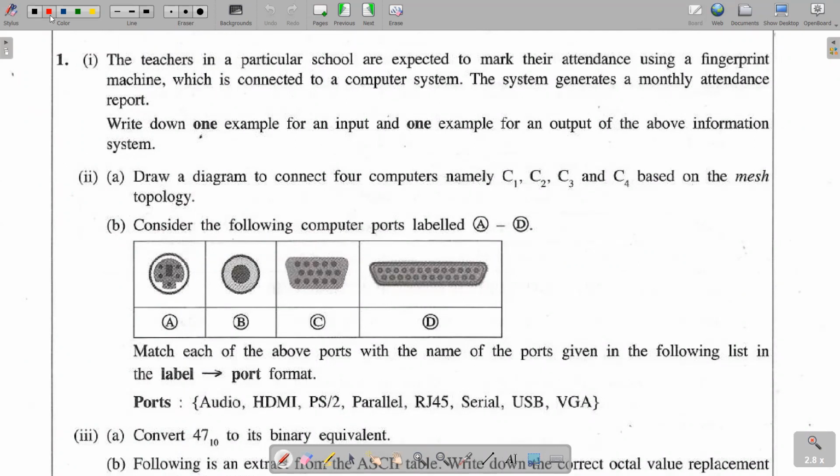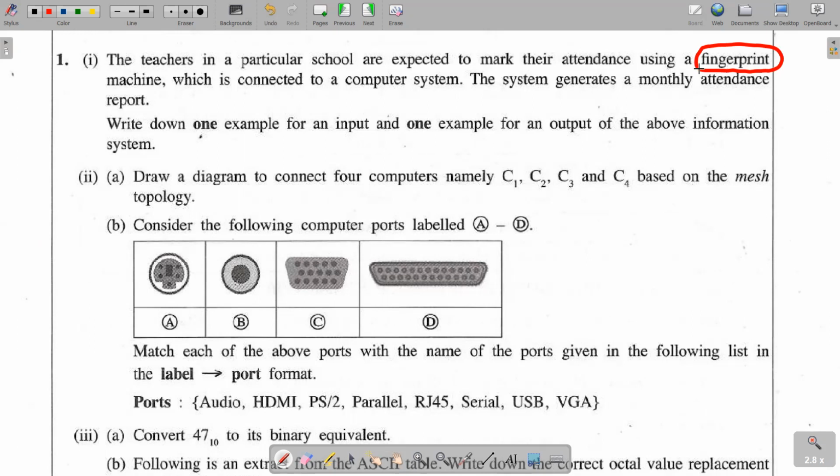So if you are focusing on the inputs and outputs, the teachers in a particular school are expected to mark their attendance using a fingerprint machine, which is connected to a computer system. So the input is obviously going to be a fingerprint. This is one of the inputs.